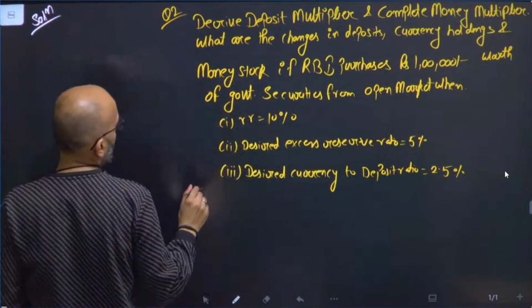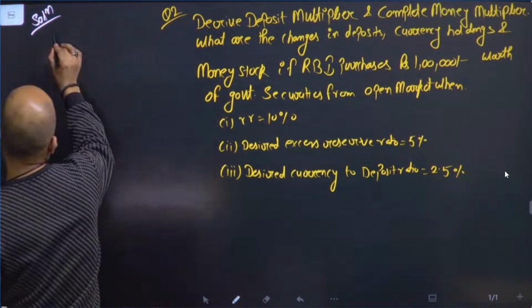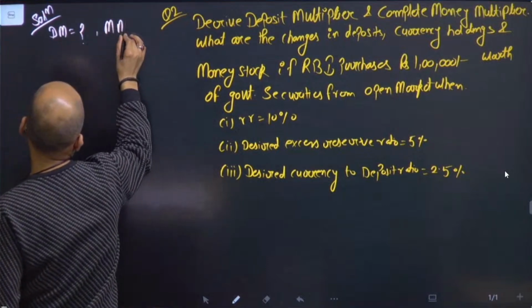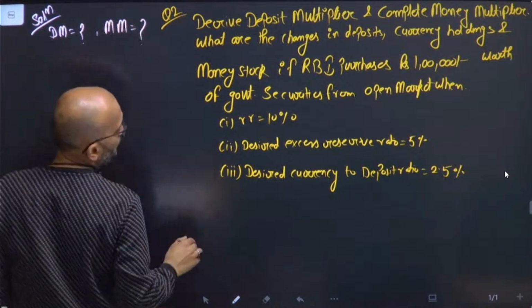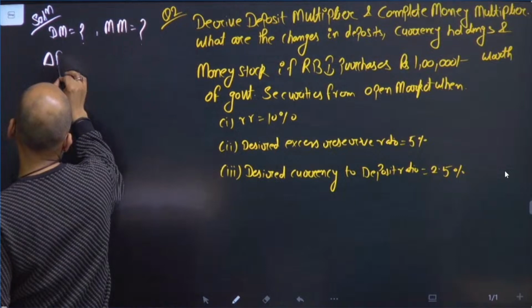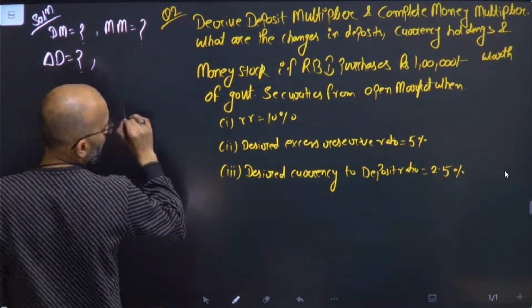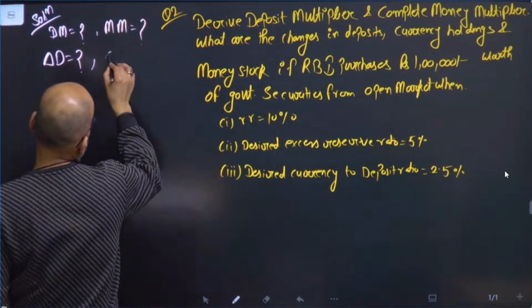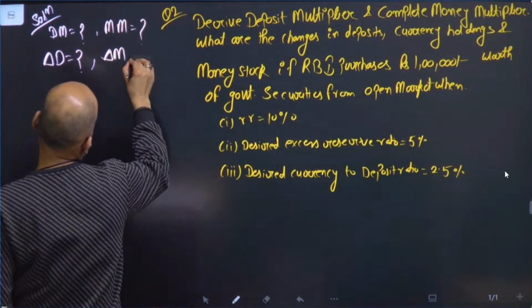We need to find deposit multiplier and money multiplier. And we also need to find changes in deposit, that is delta D, changes in currency holding, and changes in money stock.